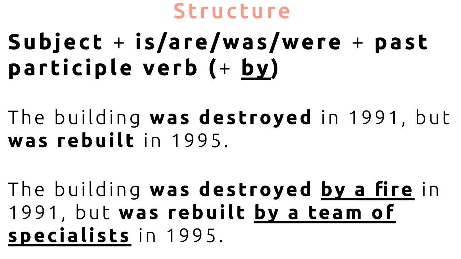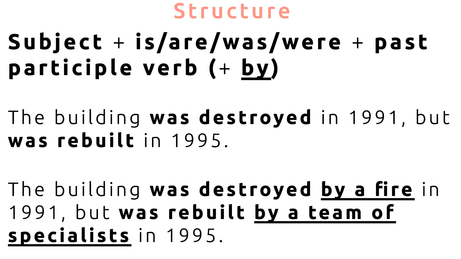Can you see we've mentioned the agent now? In the first use of the passive, was destroyed, the agent is a fire. And in the second example of the passive, was rebuilt, the agent is a team of specialists.